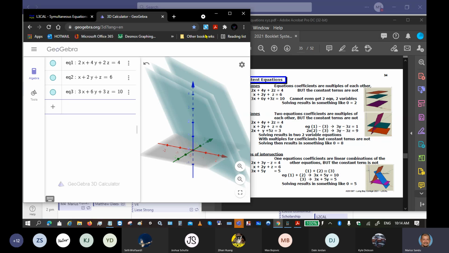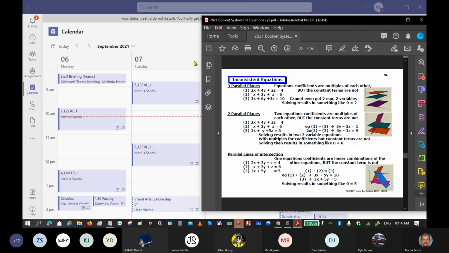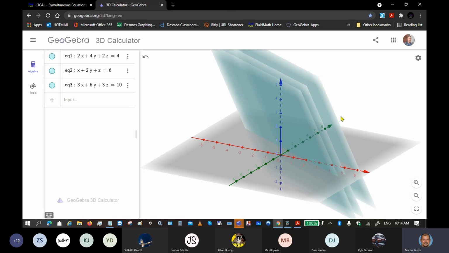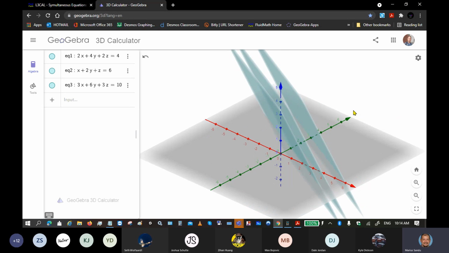Yes, and now I can see that my 3 planes are parallel.